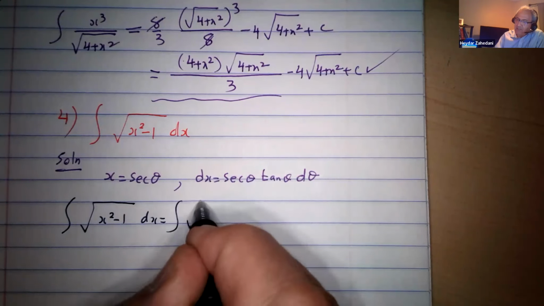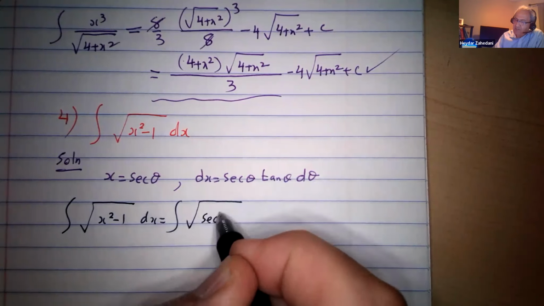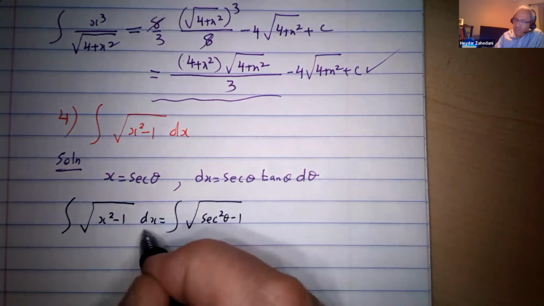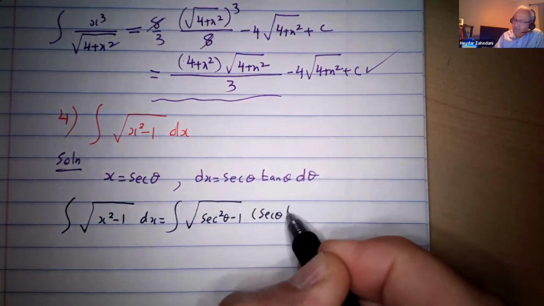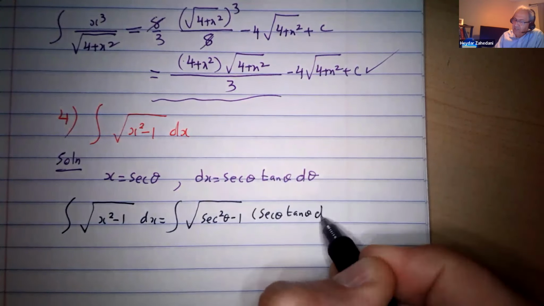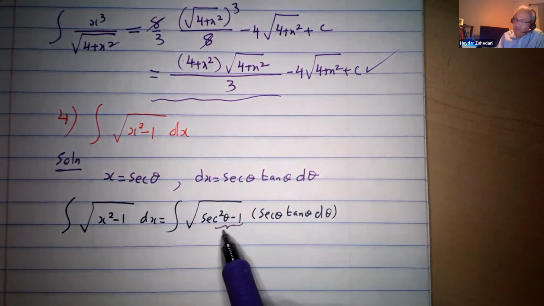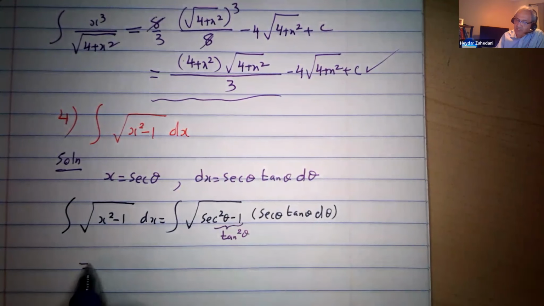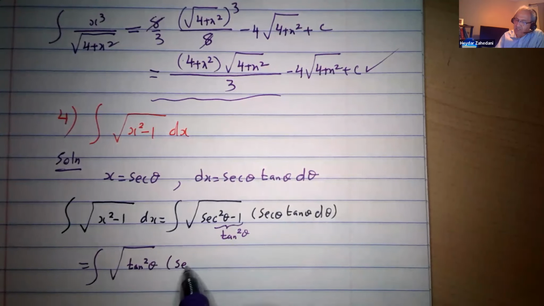That gives you secant squared of theta minus 1, and outside, dx, make sure you don't miss it: secant tangent d theta. Secant squared minus 1 would be tangent squared. You take the square root, you see, that's it, I write it down for you. It's going to be tangent squared, and then you have a secant tangent.